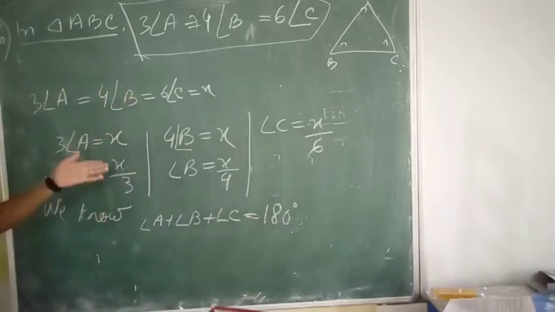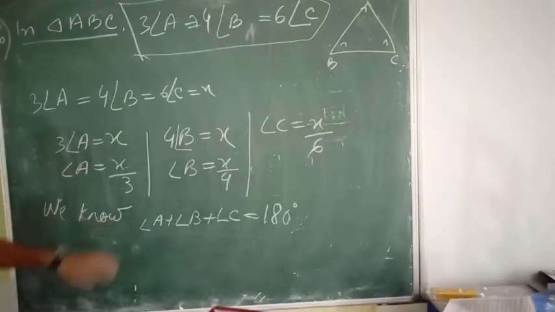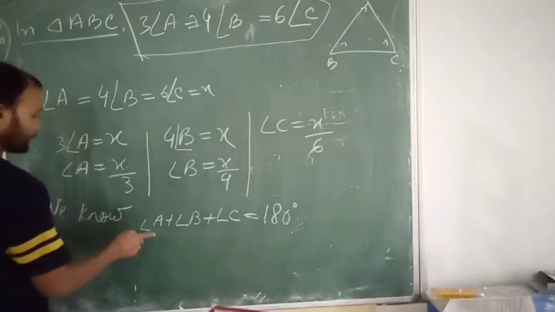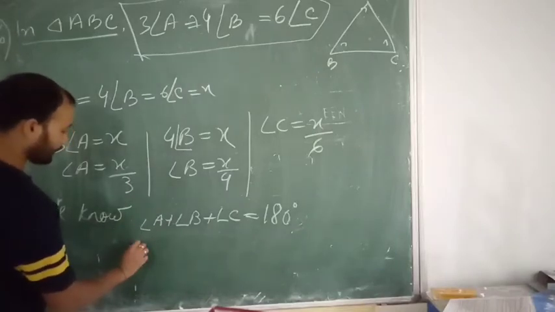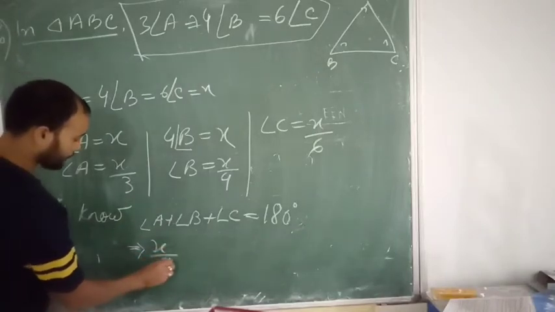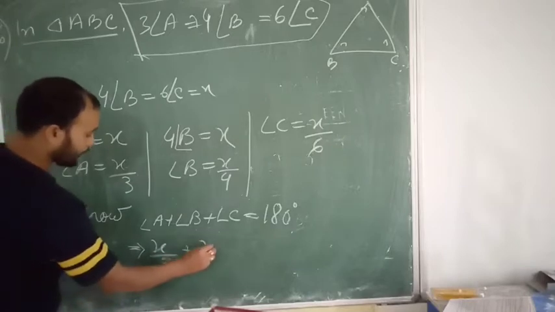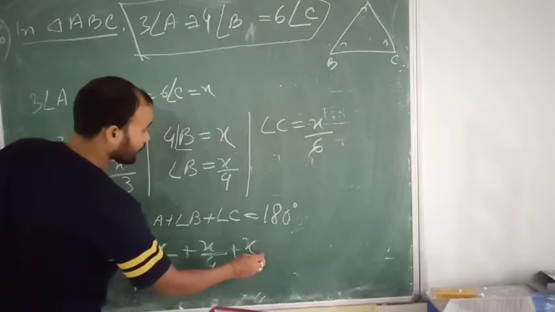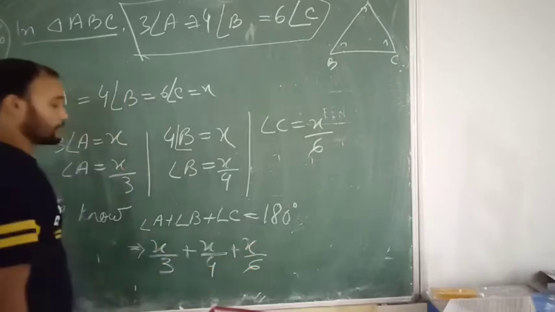Now put the values we have attained in the respective places of the angles. Instead of angle A, we write x by 3, here x by 4, here x by 6, equals 180.